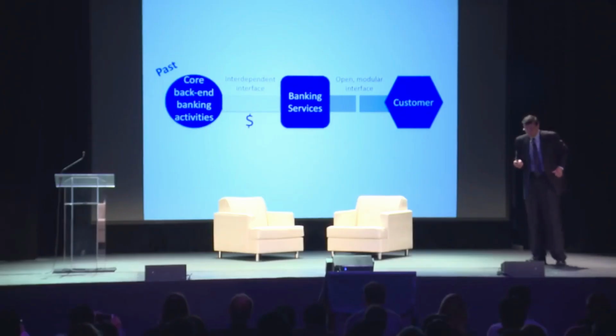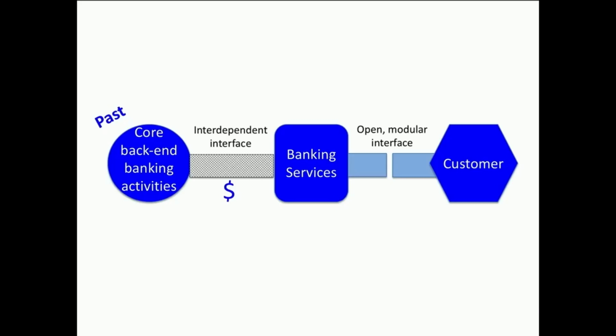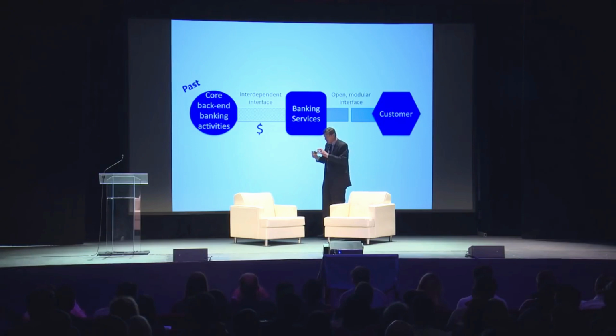Now, this is the last one, which is the law of conservation of modularity. And I'll just do this in the context of banking, but it applies to everything you invest in. There are interfaces. Historically, in a traditional bank, they have the back end that has to happen every day without fail. And then there are services that they're trying to offer to their customers. And historically, the interface between those has been interdependent, meaning if I change one thing, I have to change everything. And it was very hard to get out of that relationship because of the interdependence.